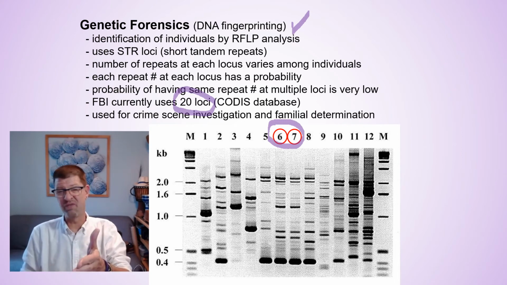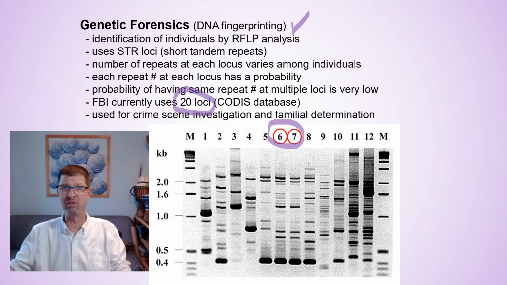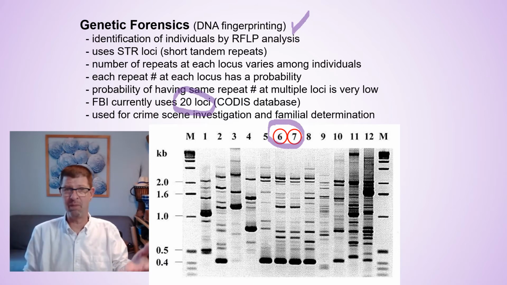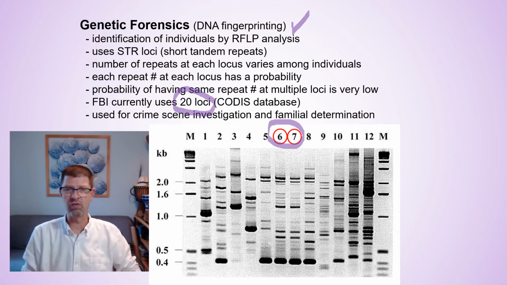So I don't know if that means maybe number 6 came from a blood sample and number 7 came from a crime scene. Maybe number 6 came from a baby and number 7 came from a paternity case. But we're trying to figure out if the DNA came from the same place. Okay, genetic forensics is RFLP analysis that's used to sort out individuals.